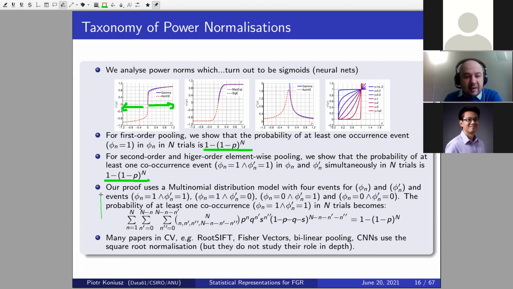So maybe I'll skip the proof over here, but what is important is that many papers in computer vision really use some form of power normalization. So for instance, root SIFT, Fisher vectors, bilinear pooling, and many other fine-grained classification pipelines use square root in some way somewhere in the pipeline, but they don't perhaps study the role of that in depth.